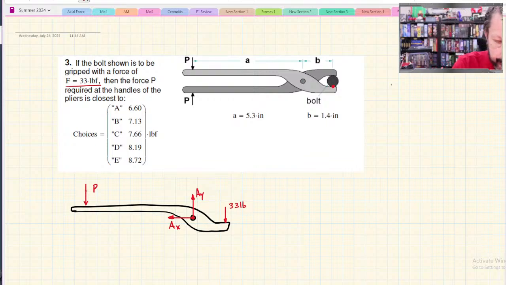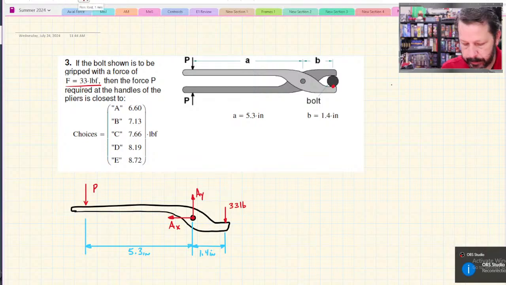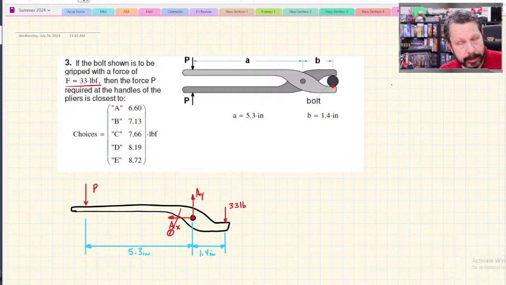And I've got a couple of dimensions here. The distance from the load to the pin at A is labeled as letter A. So AX is just going to be 0, and I'm not interested in AY.